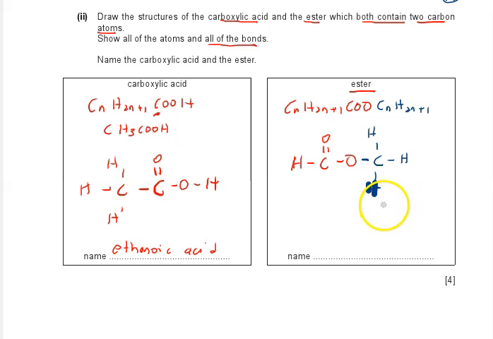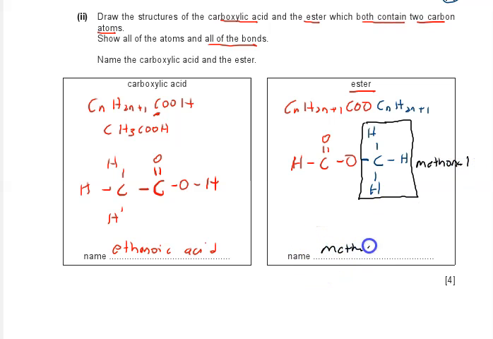So the naming part for the ester will be from the alcohol first. This is from methanol. So you have a methyl from this part, and the second part will be coming from a carboxylic acid, which is methanoate.